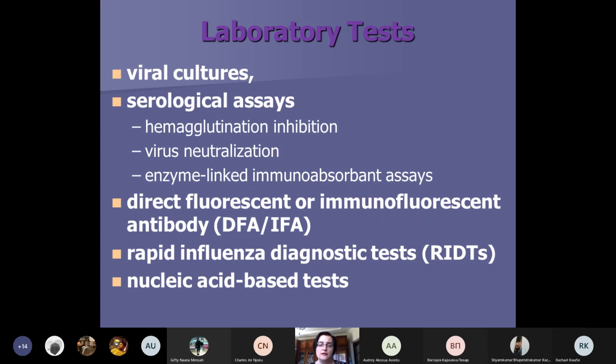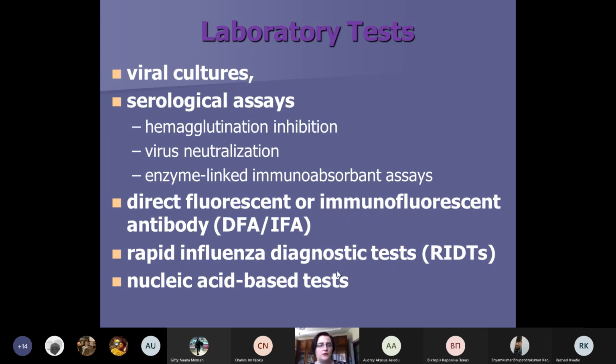And at the last, the most sensitive test, the nucleic acid-based test. These tests amplify and detect viral nucleic acid. Most of these tests take a few hours, but rapid molecular assays are as fast as rapid influenza diagnostic tests.